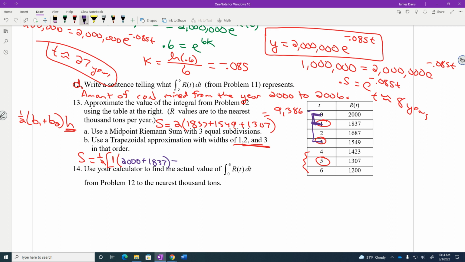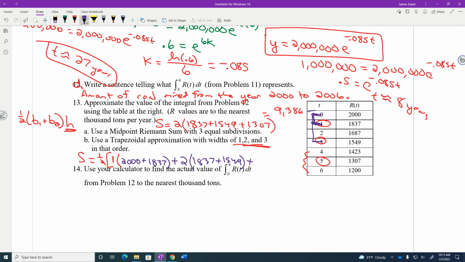So plus 2 times, and then our two heights are the b1 and b2. Those are going to be the 1 value and the 3 value there. So 1837 plus 1549.